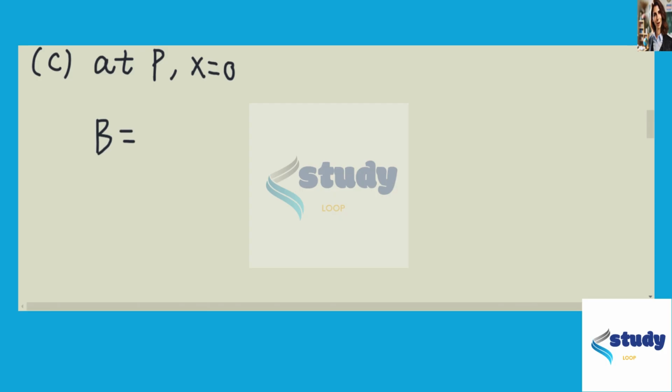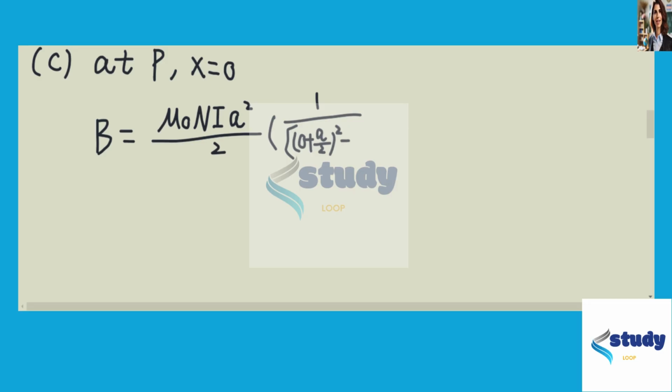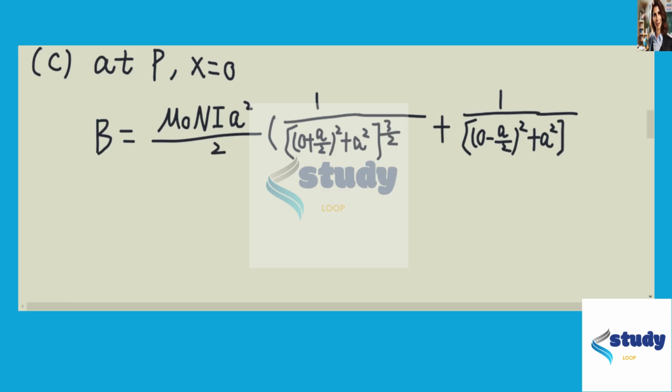Therefore, we have the magnetic field B equal to mu 0 n I a squared over 2 times 1 over 0 plus a over 2 squared plus a squared, and then to the power of 3 over 2, plus 1 over 0 minus a over 2 squared plus a squared to the power of 3 over 2.